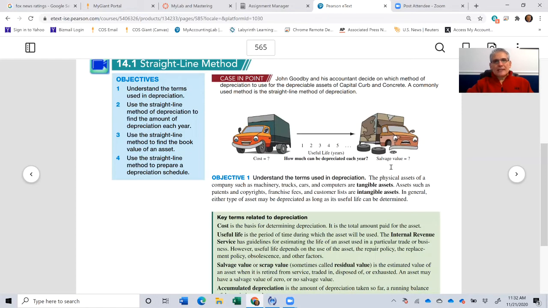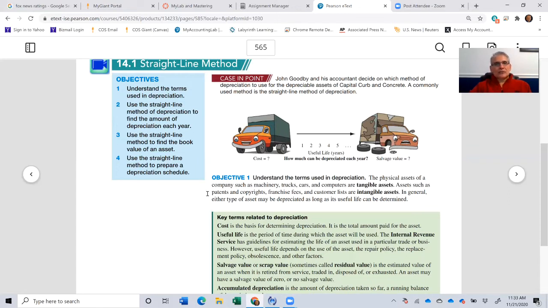Some key terms we need to really understand. Physical assets of a company, such as machinery, trucks, cars, and computers, are tangible assets. Tangible meaning they have substance. You can touch them, feel them, pick them up, maybe even drive them if they're a vehicle. There are some assets that are considered intangible assets. They don't have any physical substance to them.